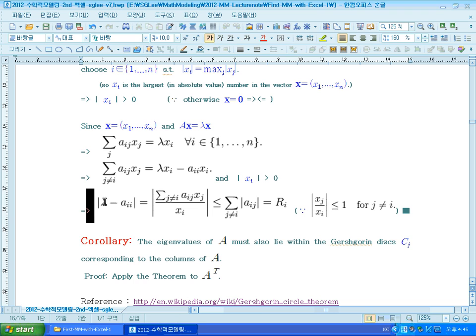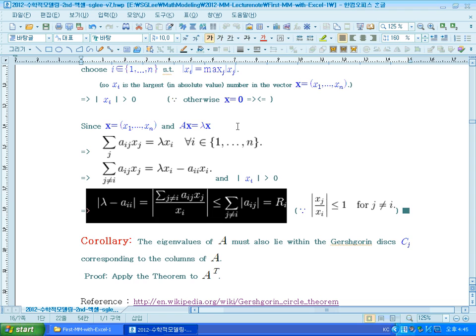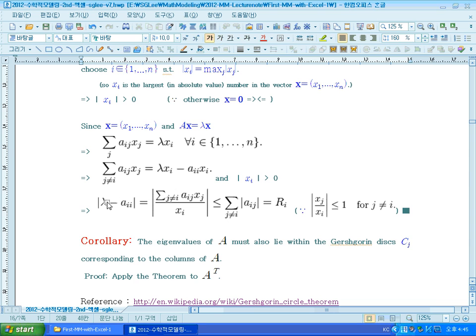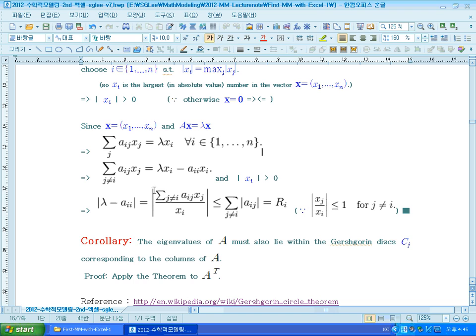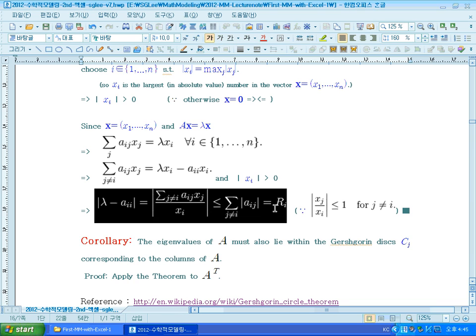You know what this means? Lambda is the eigenvalue, and this lambda satisfies this inequality. What that means is, if we draw a disk with center a_ii and radius R_i, then lambda should be inside that disk.